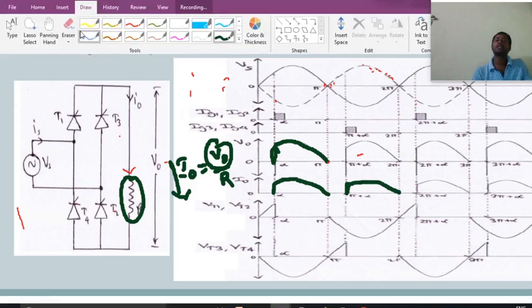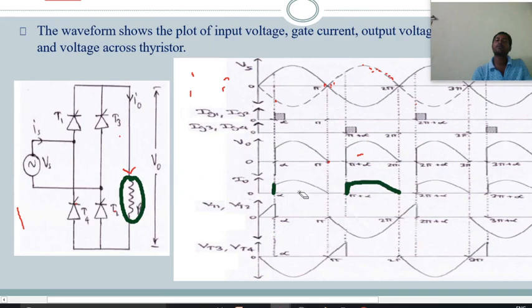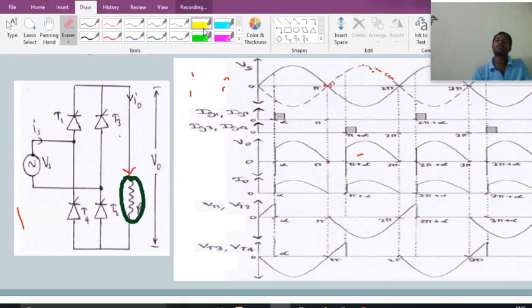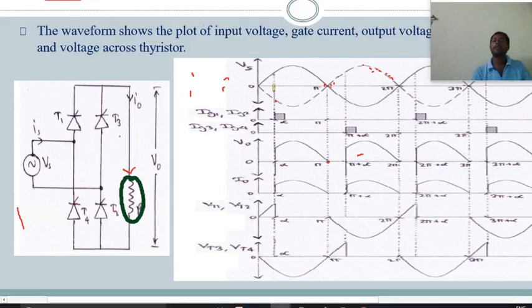And also if you check the voltage across the thyristor, this will be very easy. You are giving the firing angle at this location. After the firing angle is given, this will be the output voltage. During this period, thyristors T1 and T2 will be turned on, so they will be replaced with a short circuit.